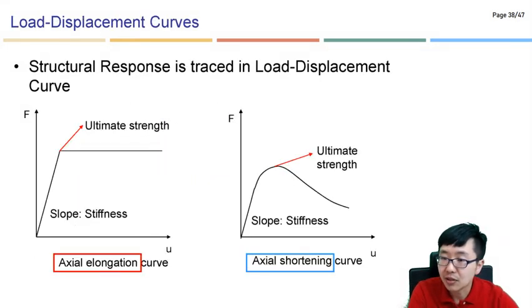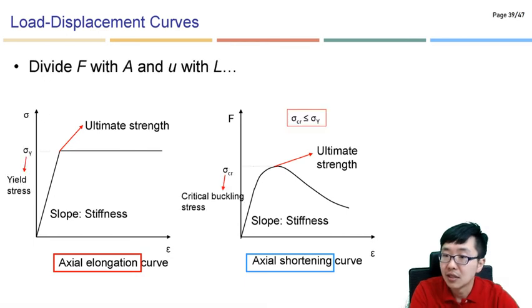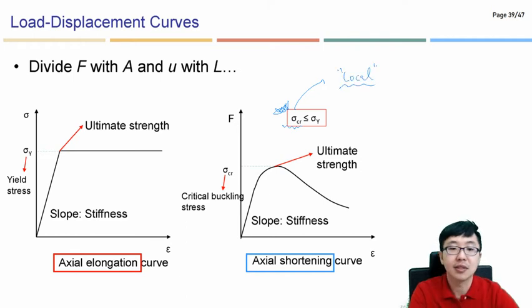So like this, in the case of global, we will see the trend will be like that. The stiffness and ultimate strength will be compared with the yield. But in the case of local, we need to see this kind of the buckling, right? So this is actual elongation case, but if the structure is compressed, like we call the actual shortening curve, and critical buckling strength must be confirmed from local structural analysis.